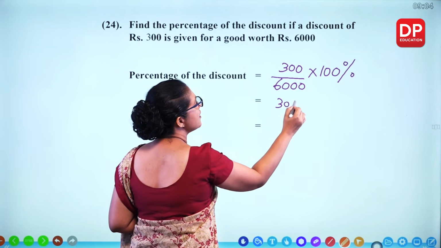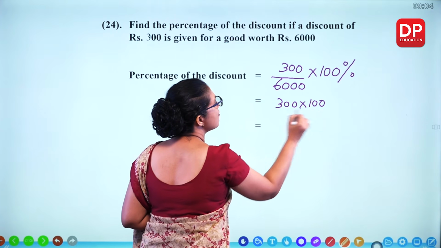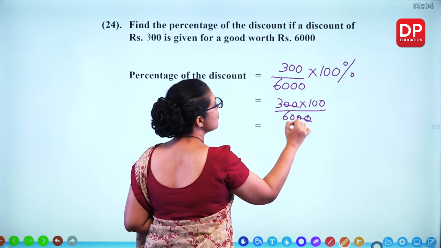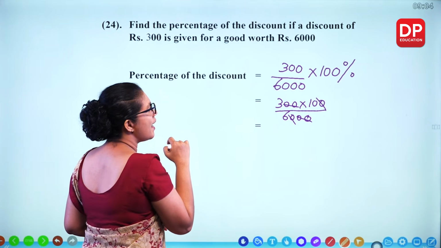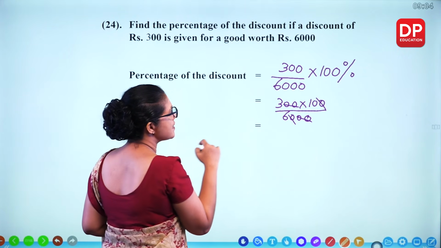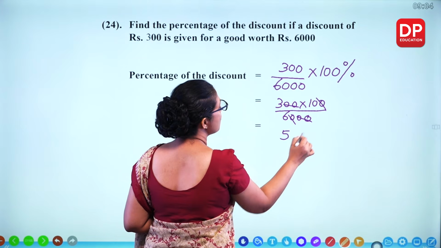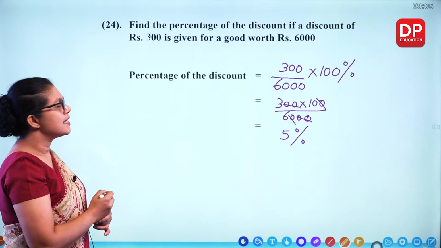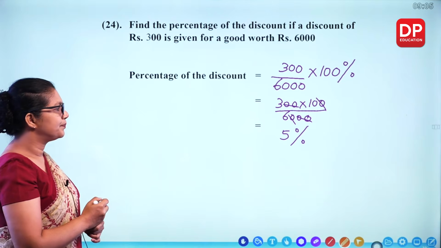So 300 into 100 divided by 6,000. Two zeros, 1 0, and 30 divided by 6, that's 5%. So that means 5% discount is given.